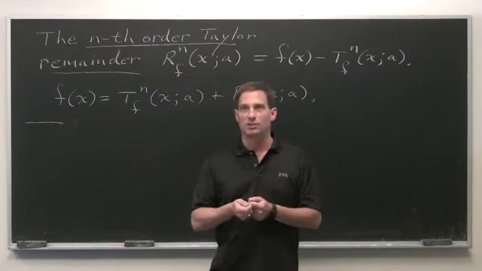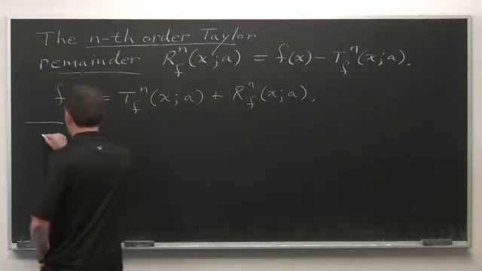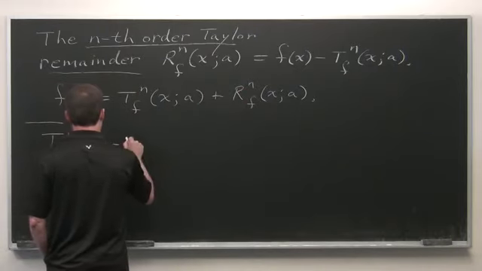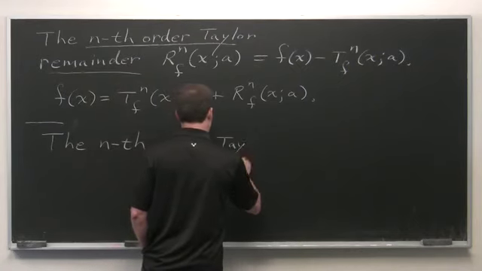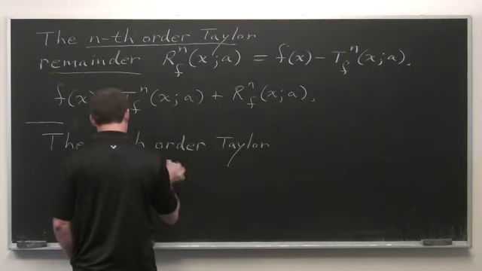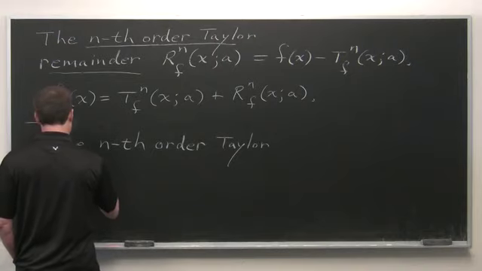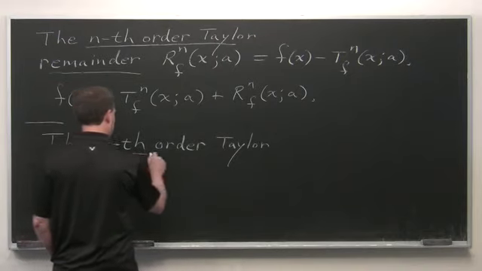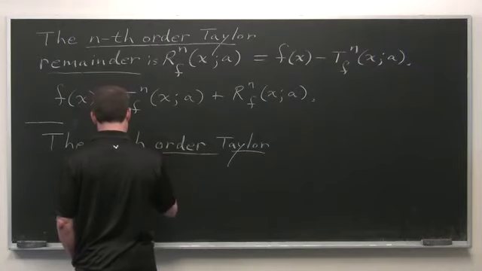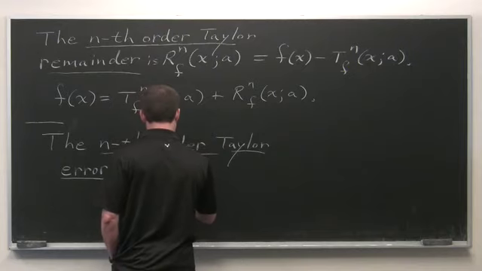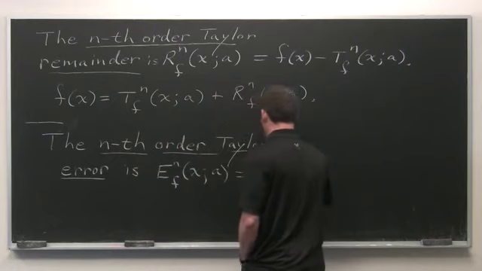Since that is the way we typically speak, we actually care about the absolute value of the remainder, so the nth order Taylor error, E, is just the absolute value of the remainder.